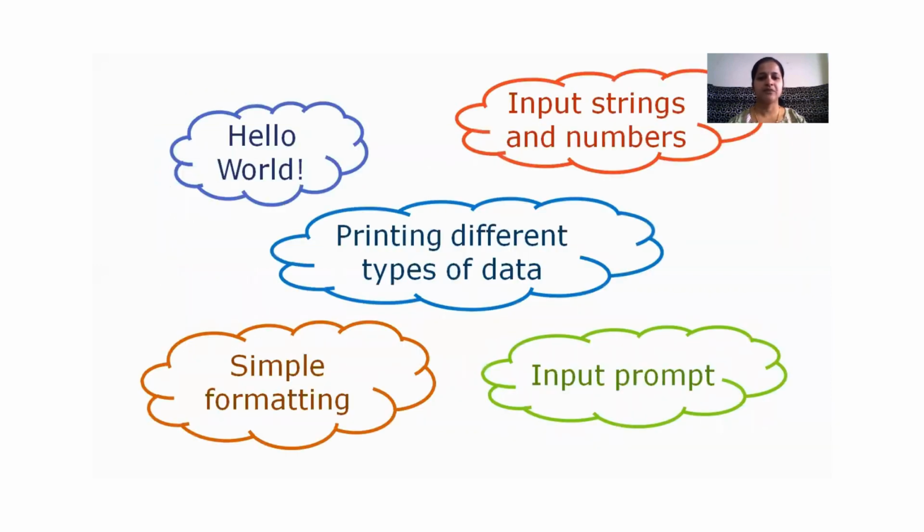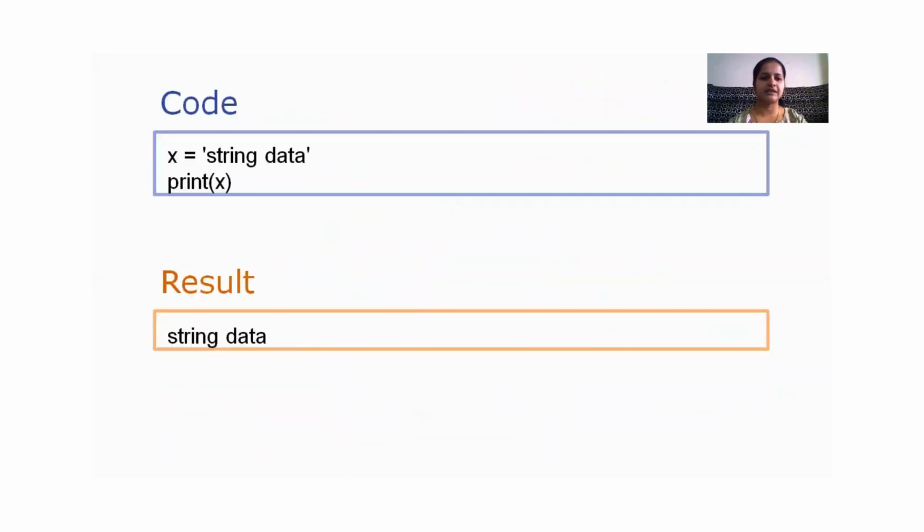So next, printing different types of data. Just now we have seen only printing the hello world, that is printing string type of data. Now we will see printing integer type of data, printing real type of data. So first string data, just like hello world, we are printing it, x equals to string data, print x.